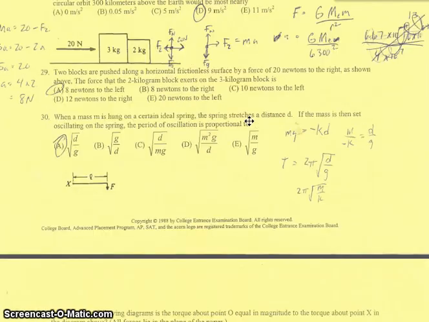Number 30, we're looking at a mass hung on a spring, and we're looking at how it stretches. It oscillates. Okay, so you hang a mass on a spring, it's going to go bouncing up and down. And so I started to look at it in terms of the weight, or its mg, is equal to the spring force. And then I did a little rearrangement to get those two values.